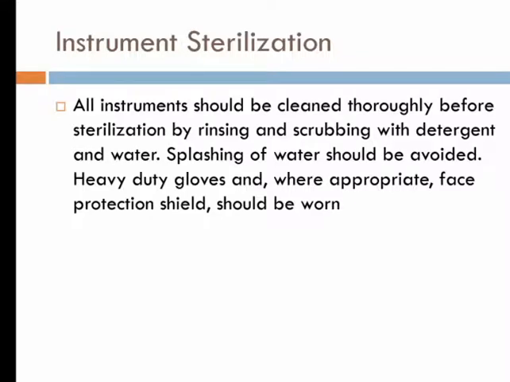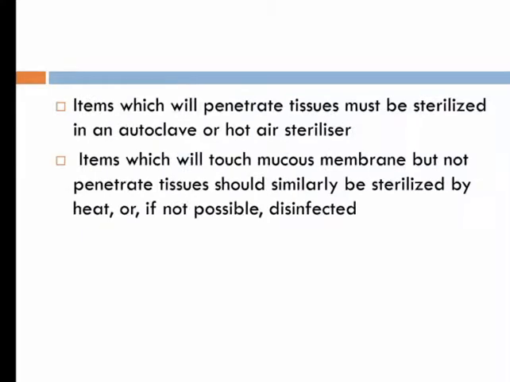Instrument sterilization. All instruments should be cleaned thoroughly before sterilization by rinsing and scrubbing with detergent and water. Splashing of water should be avoided. Heavy-duty gloves and, where appropriate, a face protection shield should be worn. Items which will penetrate tissues must be sterilized in an autoclave or hot air sterilizer.